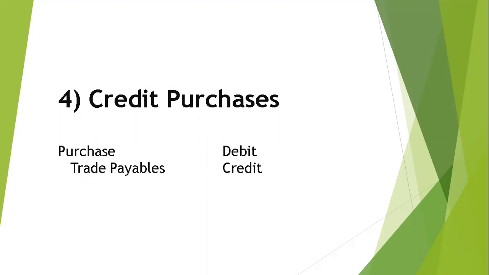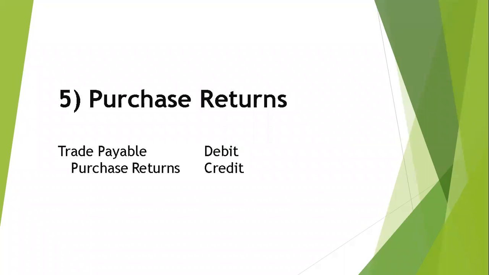The next example we are going to learn is purchase returns. What is meant by purchase returns? You should be very clear with this. Let's take an example. I'm buying 1,000 apples from creditors. I should pay the money in the near future.